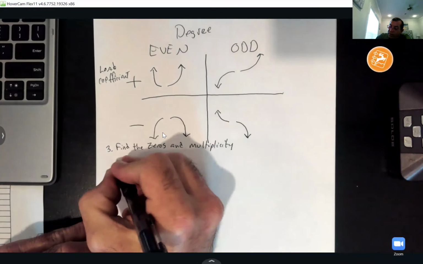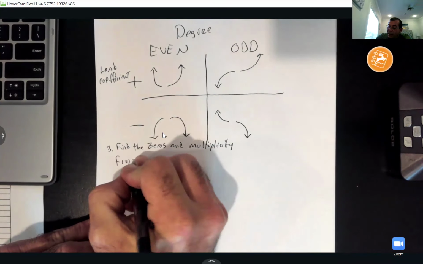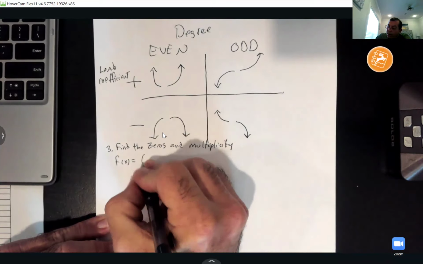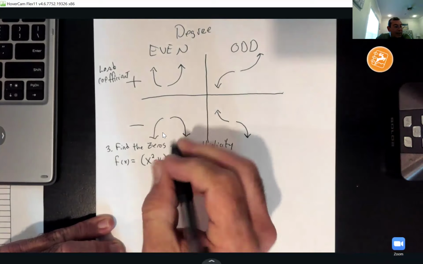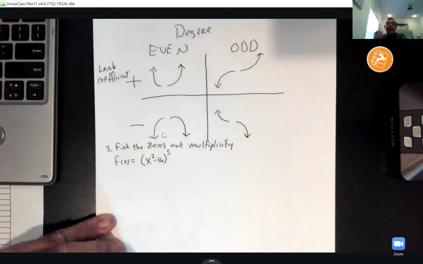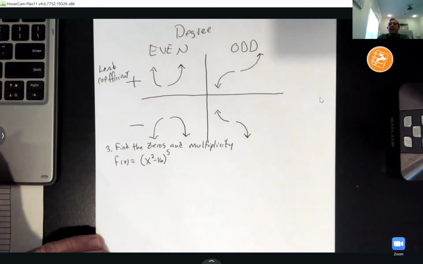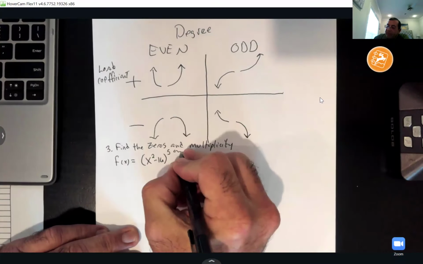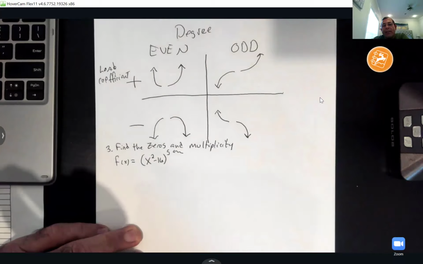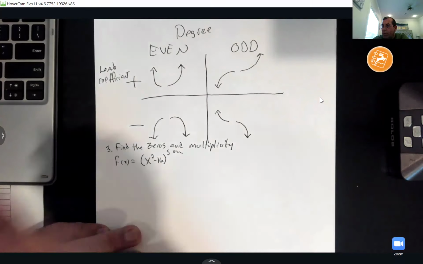All right, y'all, so they're giving us f of x equals parentheses x squared minus 16 to the 5th power. So the thing I'm going to show you right off the bat, that exponent 5 sitting outside those parentheses is going to be the multiplicity.